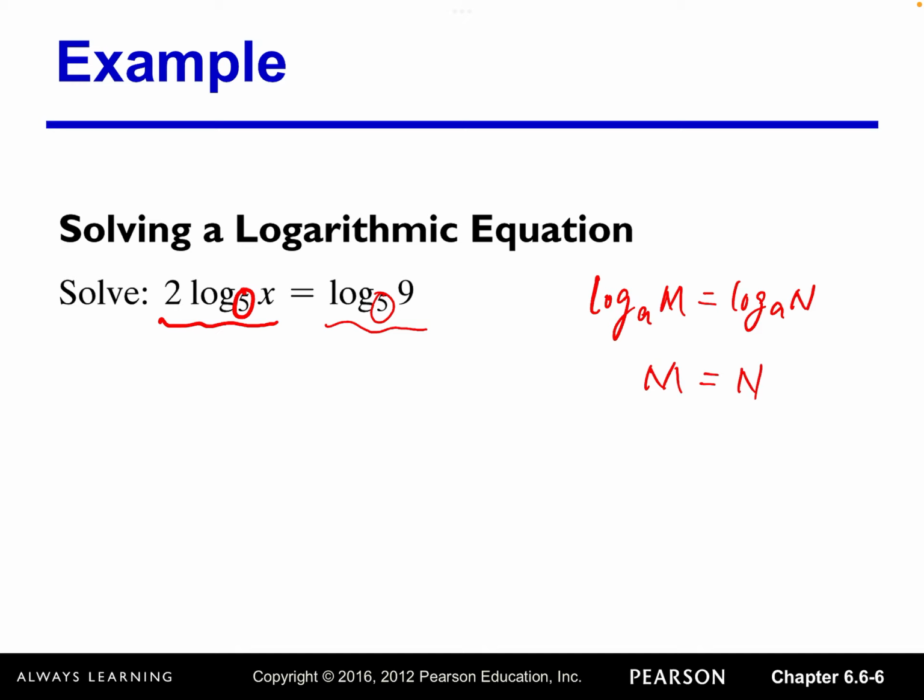All we need to do is move the factor on top as an exponent. So we rewrite as log base 5 of x squared equals log base 5 of 9. In this case, this is the m, this is the n.